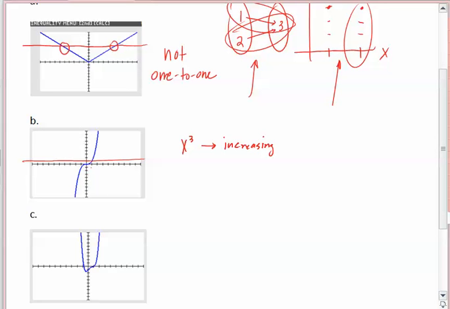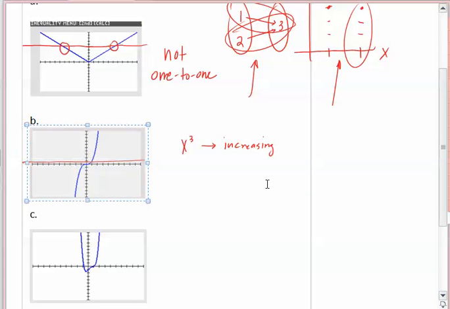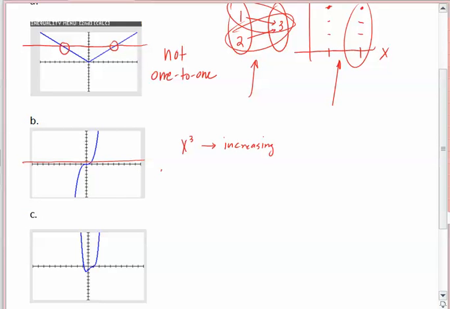Therefore, I'm never actually going to be able to pass the horizontal line through that more than one place in any given vertical position. Okay? Alright, so there's that one. And we're going to say that this is, yes, 1-to-1. So yes, this one is 1-to-1.